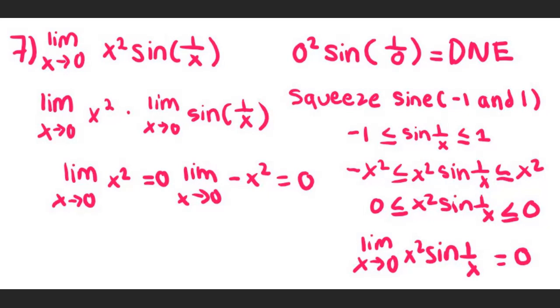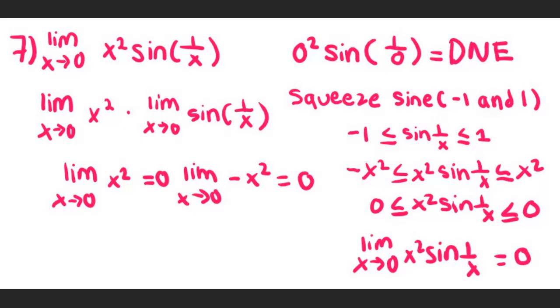We can use the squeeze theorem to solve this problem because we don't know what sine of 1/x is. So we know that sine is between -1 and 1, so that function is going to be between those values. We can use x squared as a function greater than x squared sine 1/x, and a function less than it is negative x squared. We can evaluate both of those approaching 0, and we get 0.